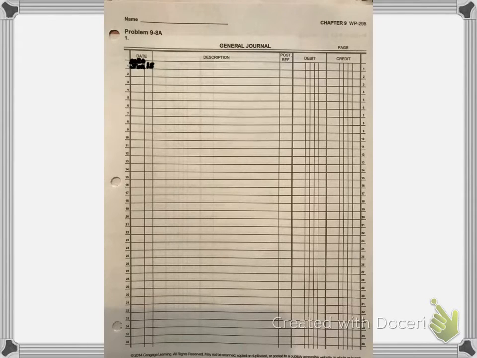Ooh, that's not writing very well. Okay, so we're going to debit employee federal income tax payable for $3,553.